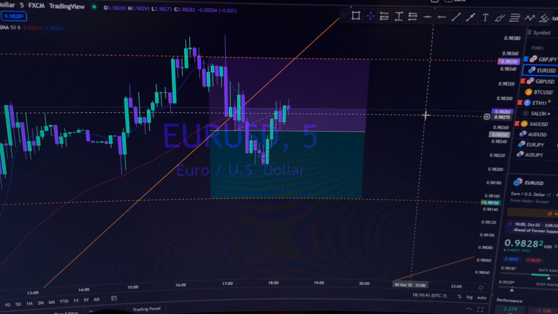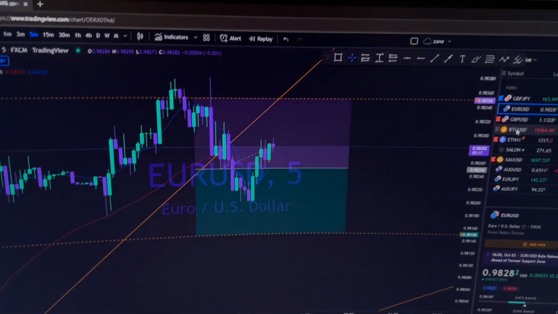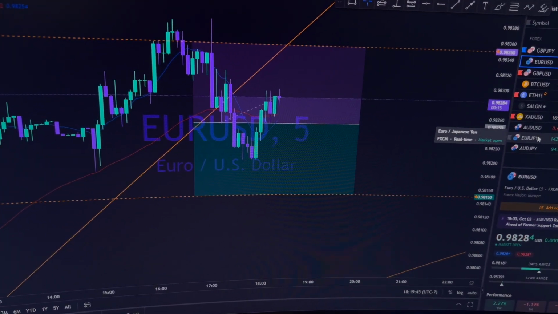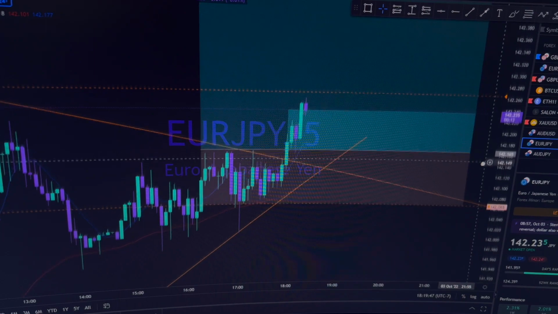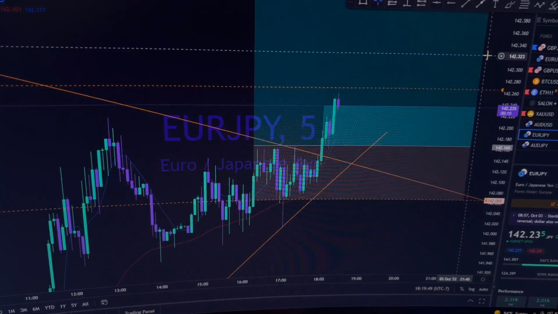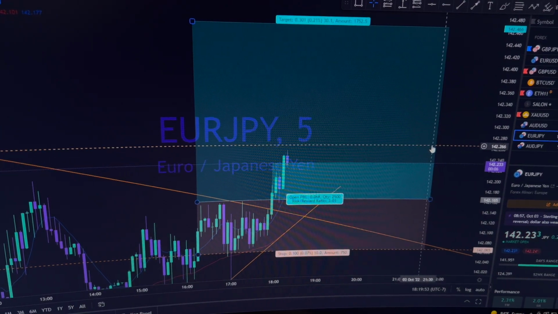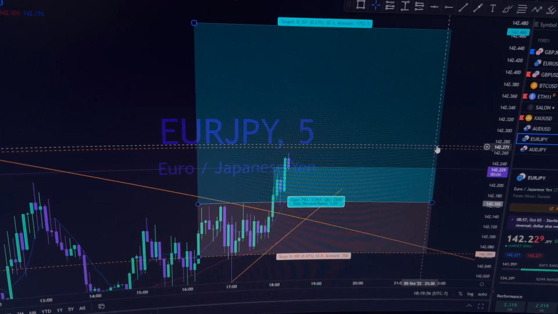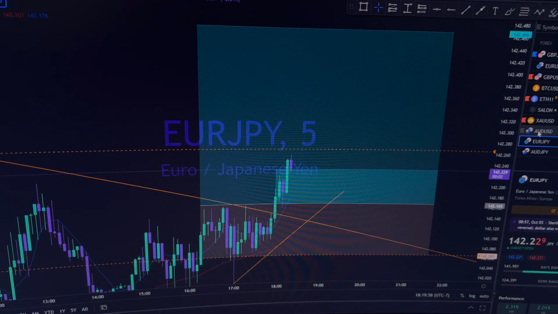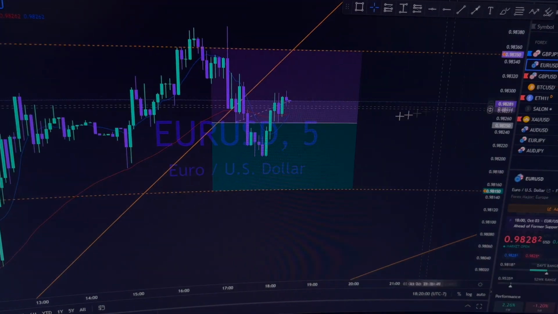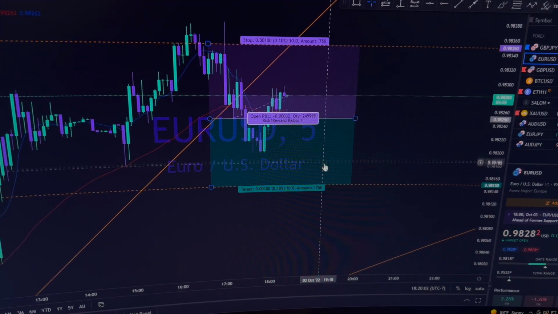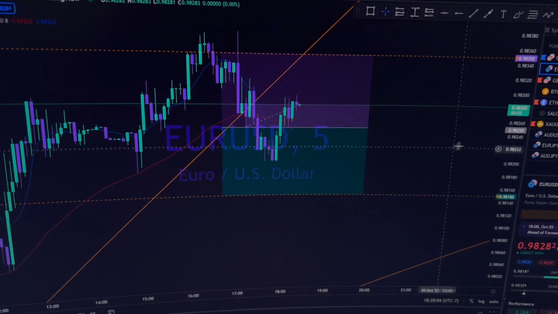There we go. Let's check on EU. This is still in drawdown, but EJ looks like we're almost hitting TP1 here. If we do hit TP1, we're gonna be 2 for 0, and if EU comes back to TP1, it'll be 3 for 0.